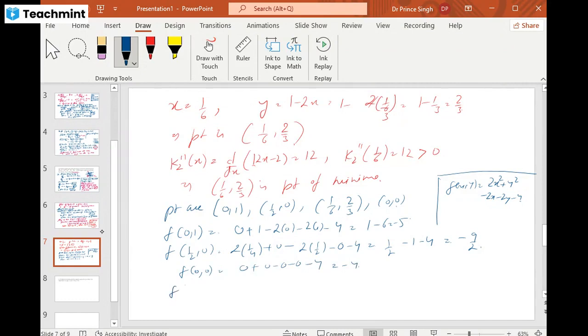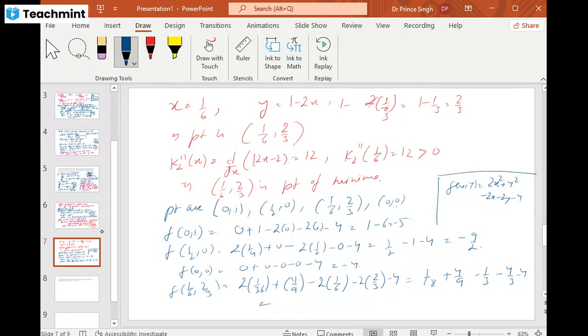And the last one is (1/6, 2/3). This is 2 times 1/36 plus 4/9, minus 2 times 1/6, minus 2 times 2/3, minus 4. So 1/18, 4/9, 1/3, 4/3, minus 4.